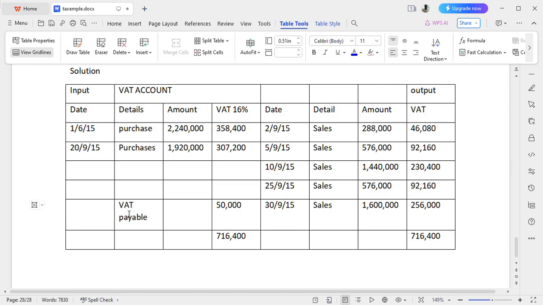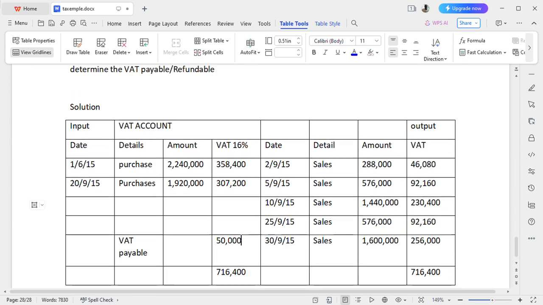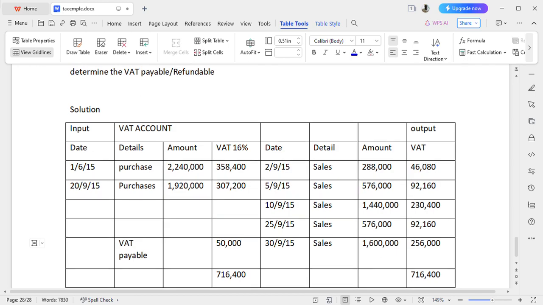So the VAT payable is 50,000. And that brings us to the end of computing VAT payable. So it is VAT payable, not refundable. Thank you.